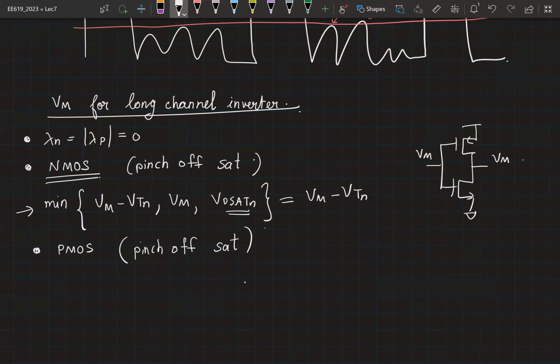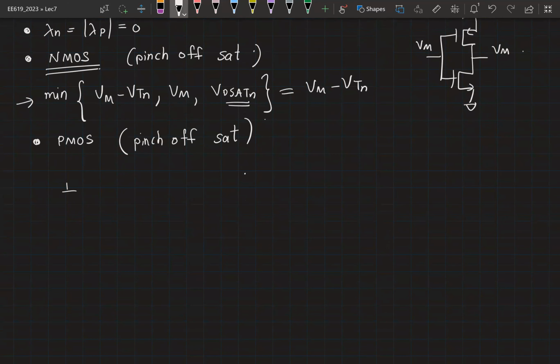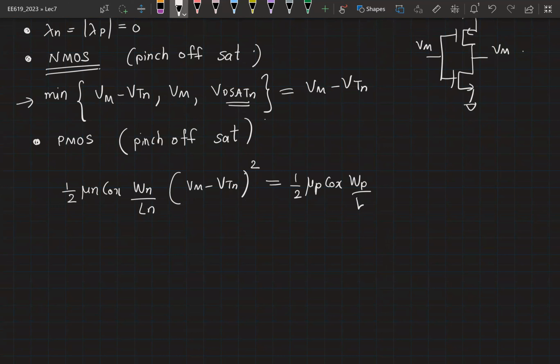Now we equate the currents. Half mu n Cox Wn by Ln into (VM minus VTN) the whole squared is equal to, what is this equal to? Half mu p Cox Wp by Lp. What is VSG?